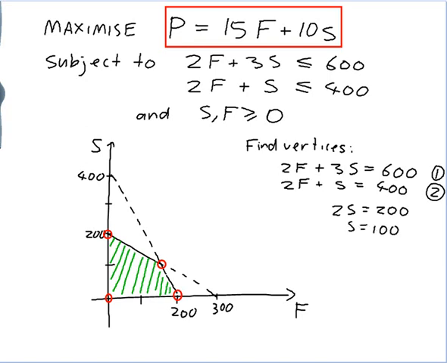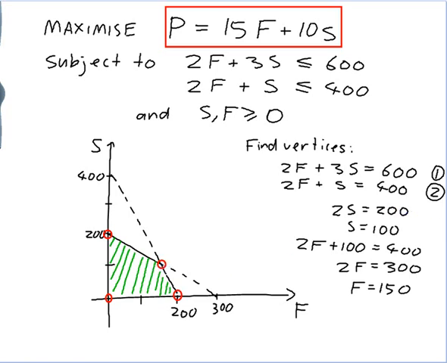And if I substitute back into equation 2, I'll get 2f plus 100 is equal to 400. So 2f is equal to 300, so f is equal to 150. So those, s equals 100, f equals 150, are the coordinates of this vertex here.